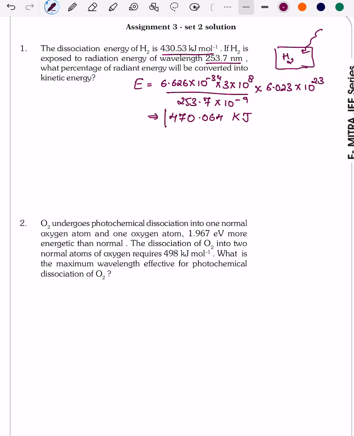So this much energy is the energy to which the hydrogen is getting exposed, and dissociation energy is 430.53. So what is the extra energy that we are supplying to it? That extra energy will be converted into the kinetic energy. So extra energy will be equal to 470.064 minus 430.53.